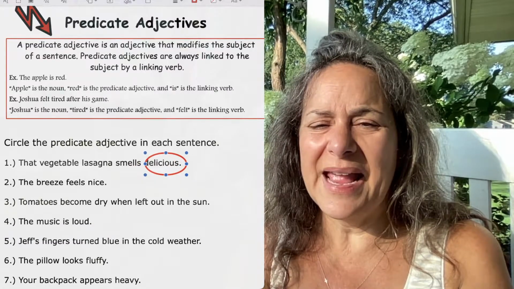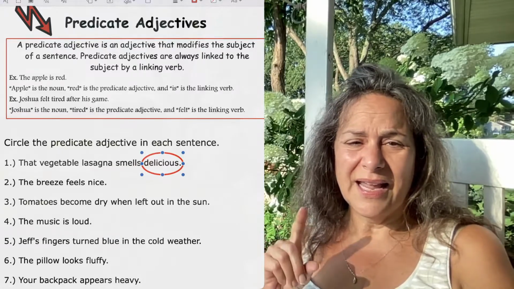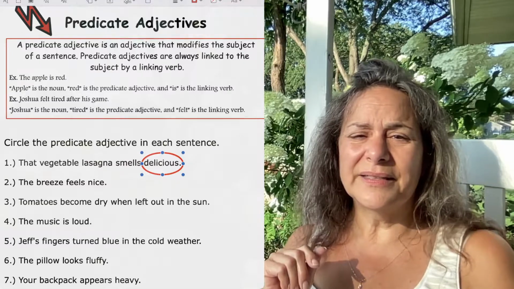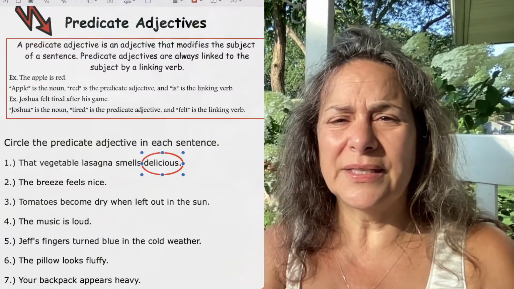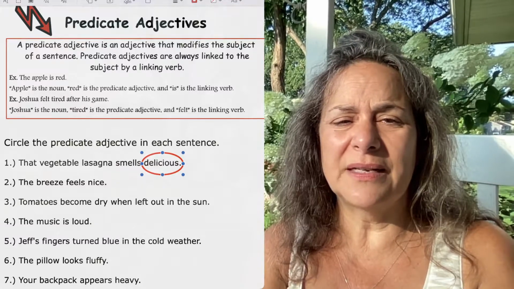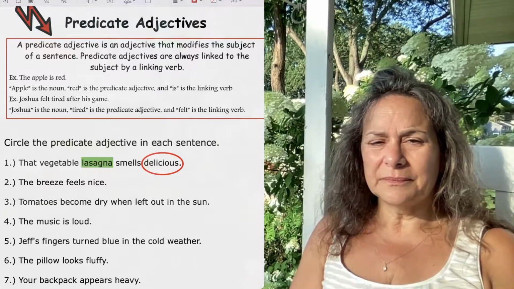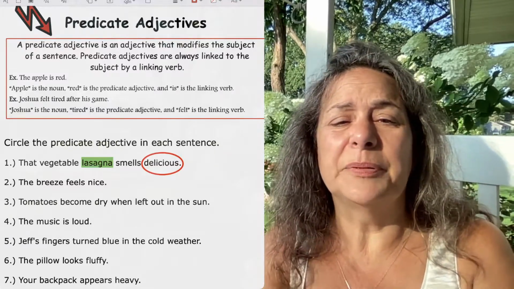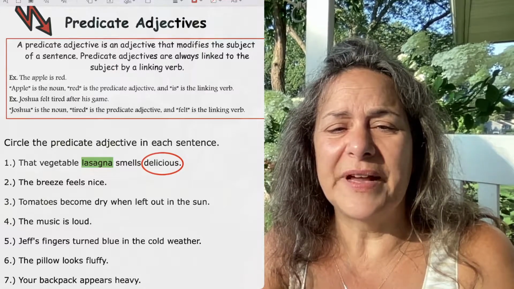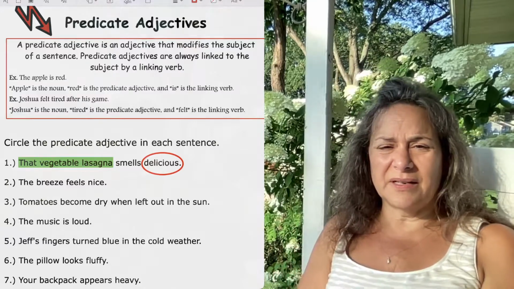The predicative adjective is in the complete predicate, and it describes the subject. That's delicious. Let's take a look at what's the subject of the sentence. The subject of the sentence is lasagna. The complete subject of the sentence is that vegetable lasagna.